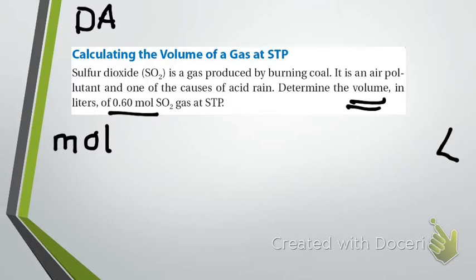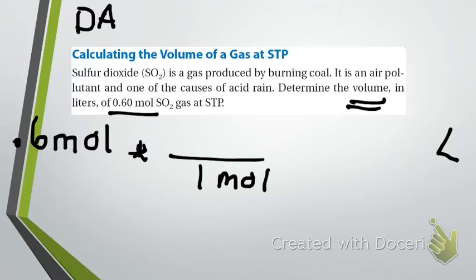So 0.6 moles, our conversion factor is 1 mole equals 22.4 liters. We can cross out moles on the top and bottom.